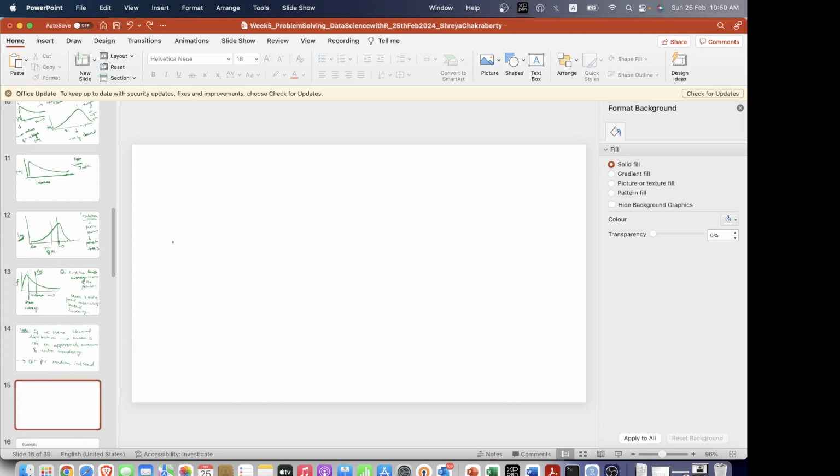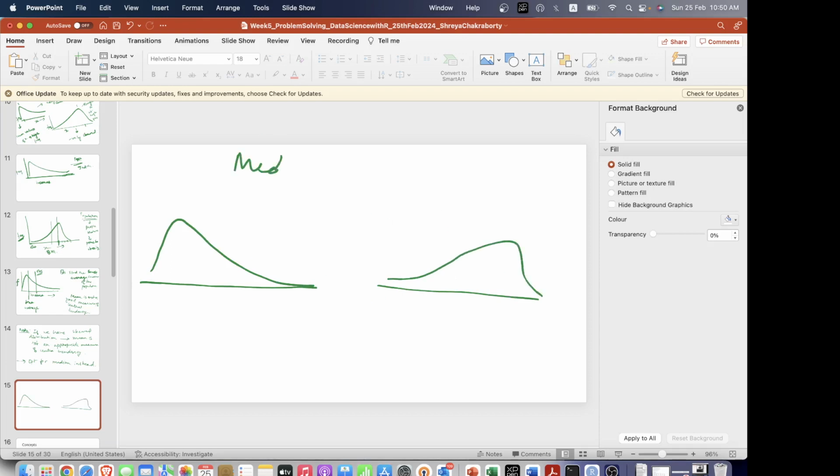The concept of median: if you have learnt about quantiles, I think you have, right? Median means such an x that 50% of data points lie below x and 50% of data points lie above x.